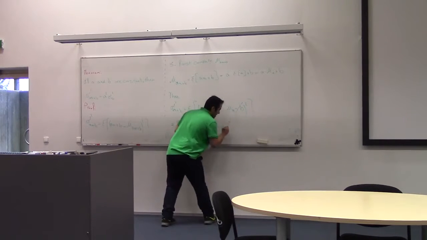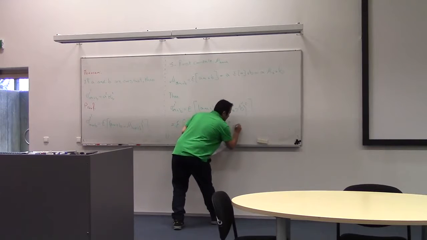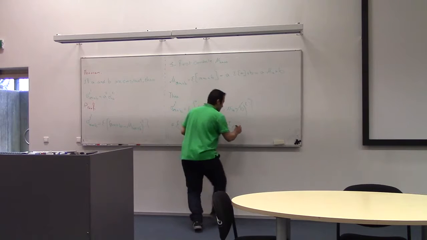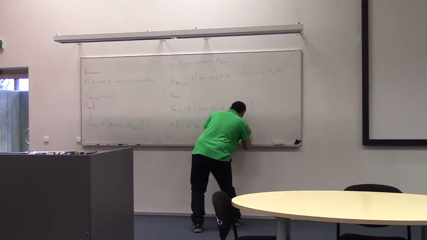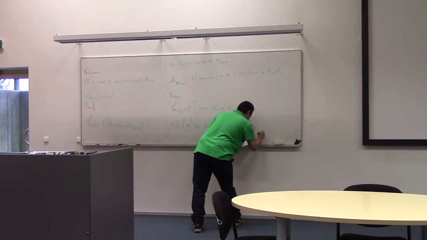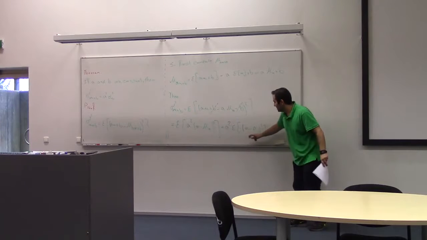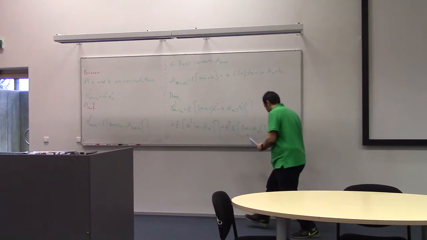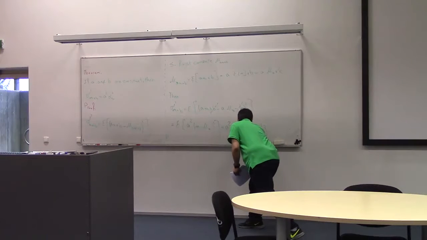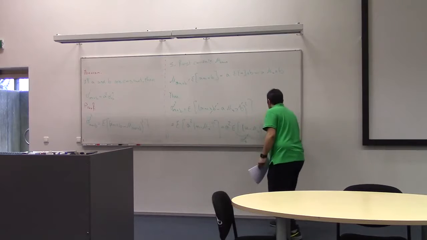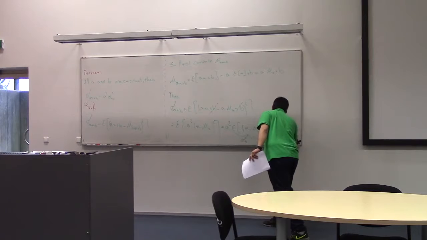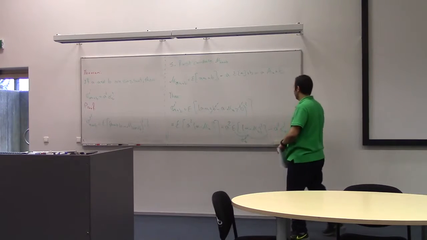Then we have a2 expected value of this x minus mu x power 2, and from this we know that this is equal to sigma 2 x. Then as a result we can write a2 sigma 2 x.